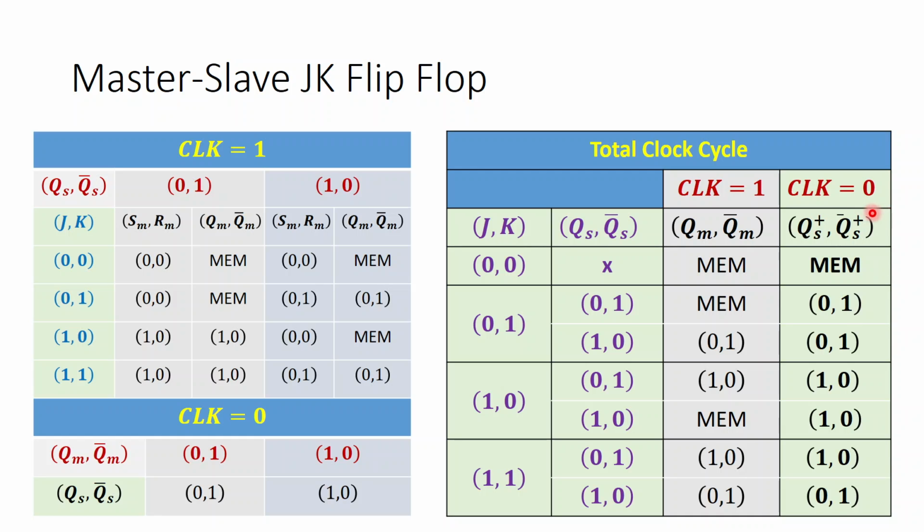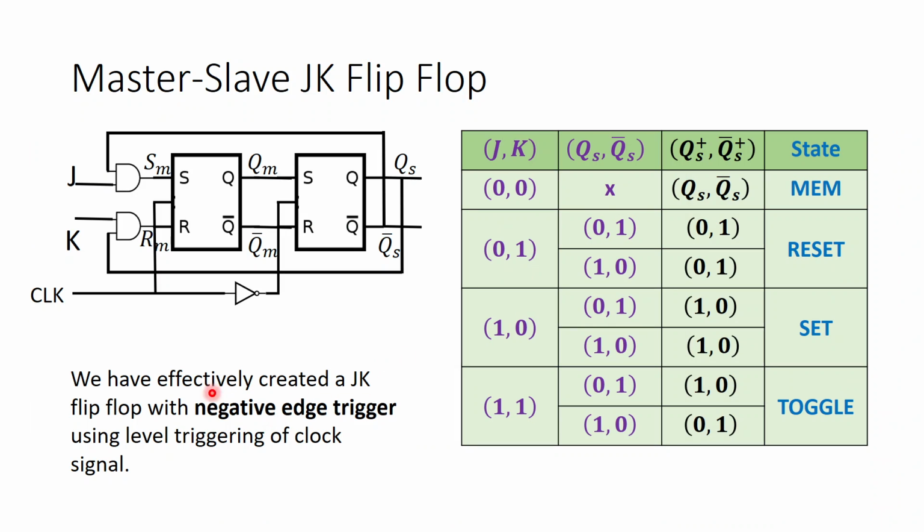It does not change anymore because QM bar does not change when clock equals 0. When clock is 1, then QM bar will change again, and that change will get affected at the slave at the instant when the clock is becoming low from high. So effectively your change in the output is getting triggered at the negative edge of the clock.